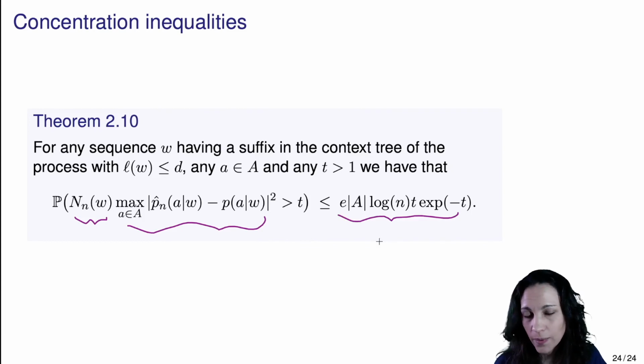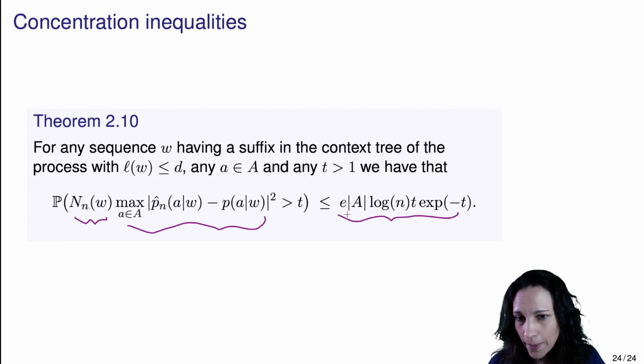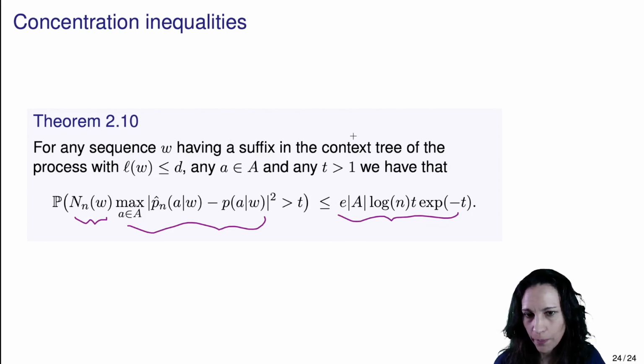Observe that this bound only depends on the size of the alphabet. So it can be applied to any sequence W that is greater than a true context in the process.